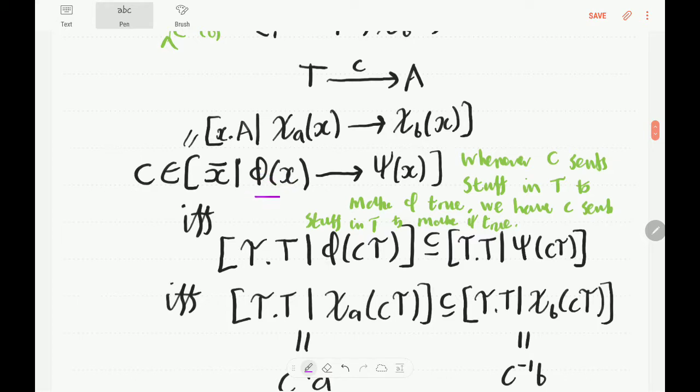Now, we can sort of say what our theorem's claiming is that this holds if and only if the extension of phi of c tau over tau in t is contained in the extension of psi of c tau with tau in t. So basically, whenever we've got this c that sends stuff to make phi true, it has to send stuff to make psi true as well.